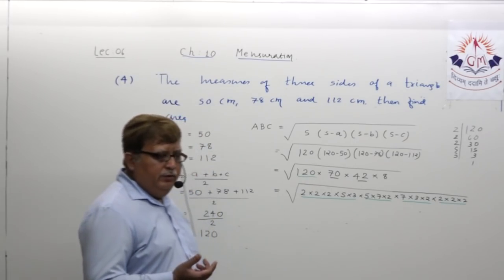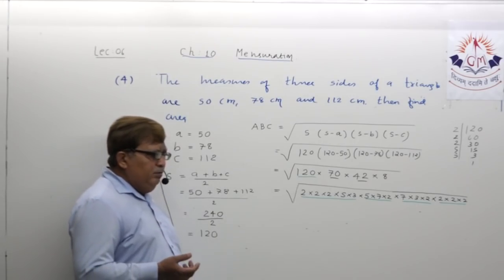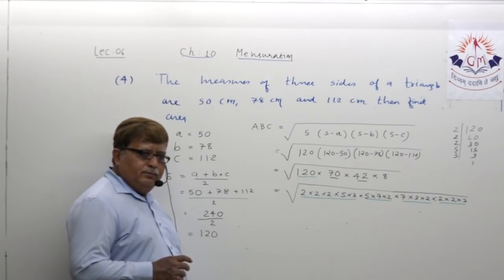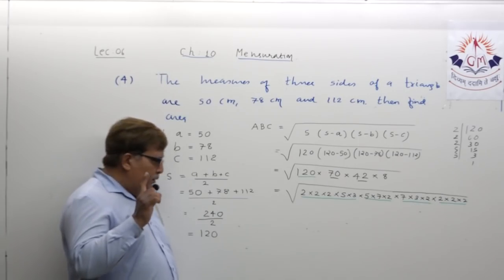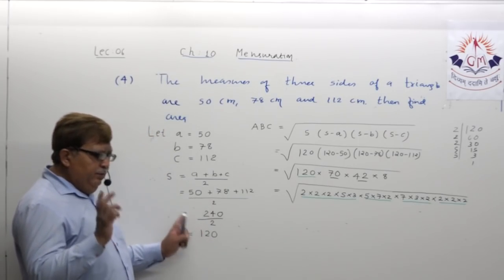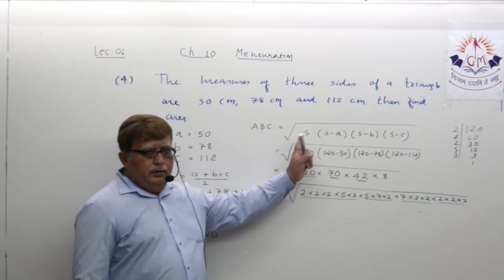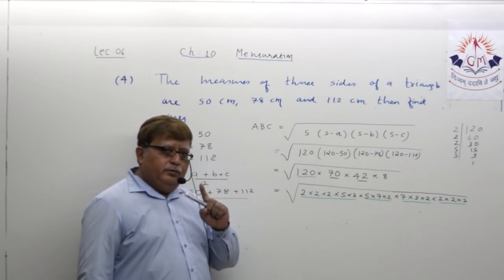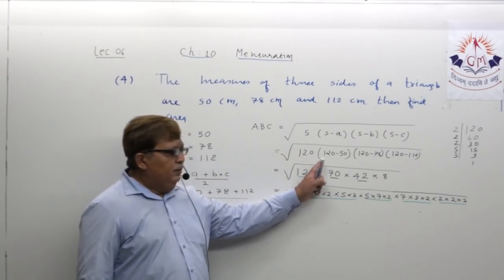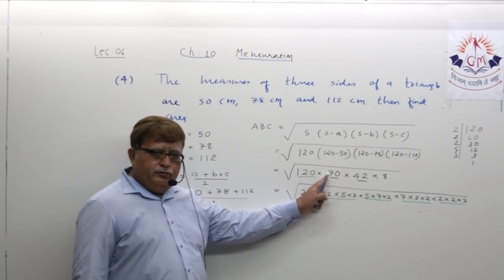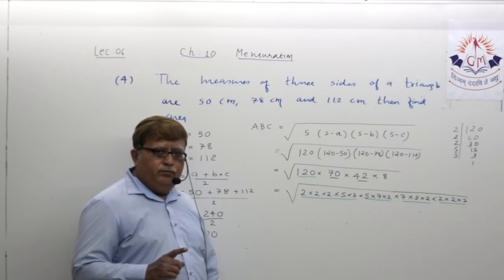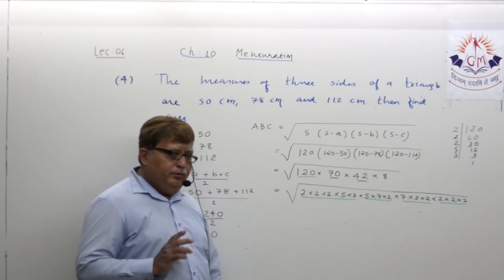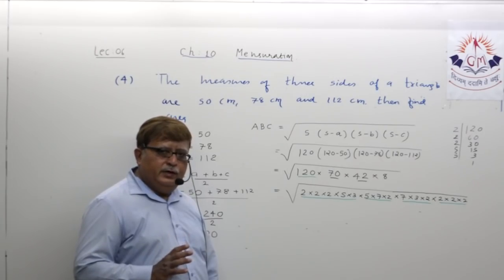It may look simple, but at that time you have to be very accurate in finding the semi perimeter, in substituting the values, in subtraction, and then in prime factorization. You have to be very conscious and alert.